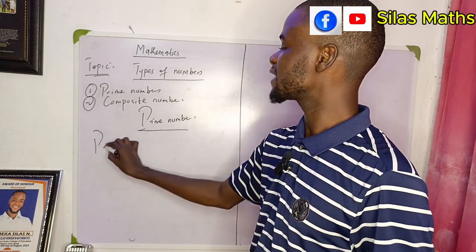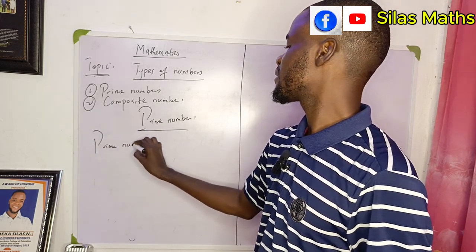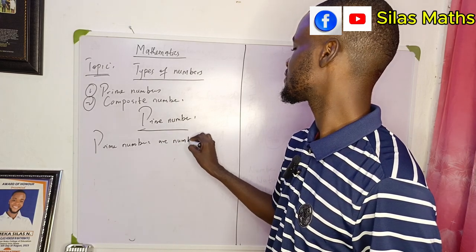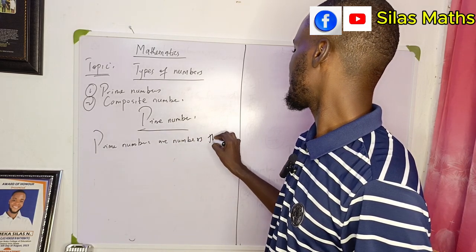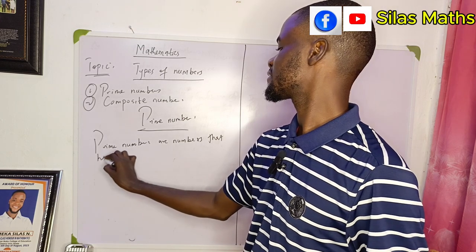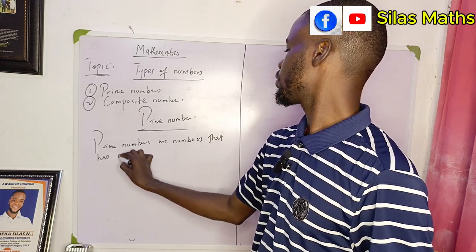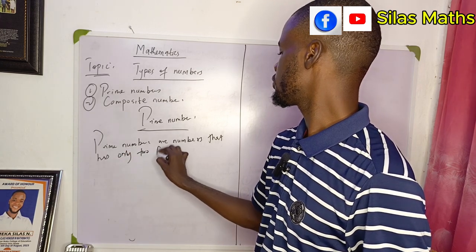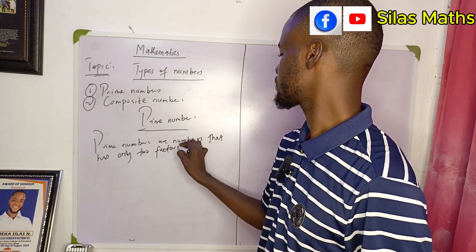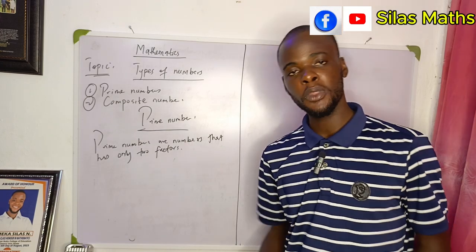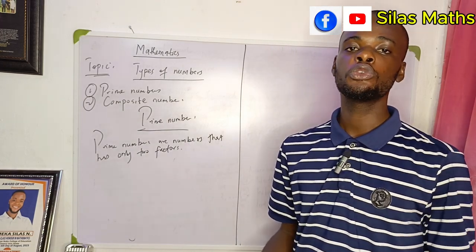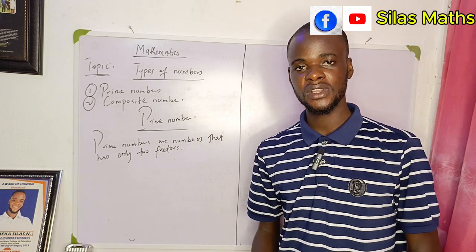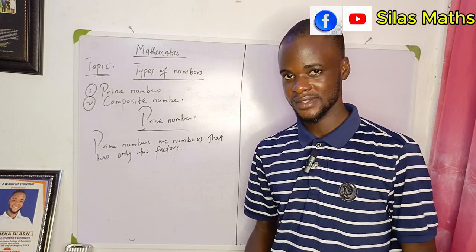Now, prime numbers are numbers that have only two factors. Any set of numbers that have only two factors are called prime numbers.